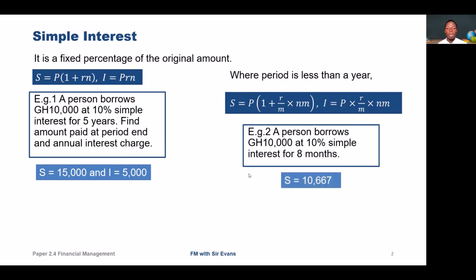So you'll get 10,667 to be the amount to be paid at the end of the whole loan period. If you want to find the total interest for the whole period, it's going to be 10,000 times the 10% over 12 times 8. And that will give us 667.